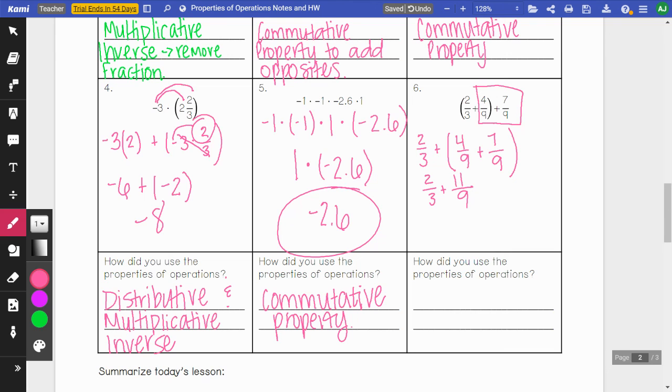Okay, now next step is common denominators, and that would be 9. So multiply by 3, multiply by 3. I'm now at 6/9 plus 11/9. 6 plus 11 is 17, and I have 17/9, which is the same thing as 1 and 8/9.